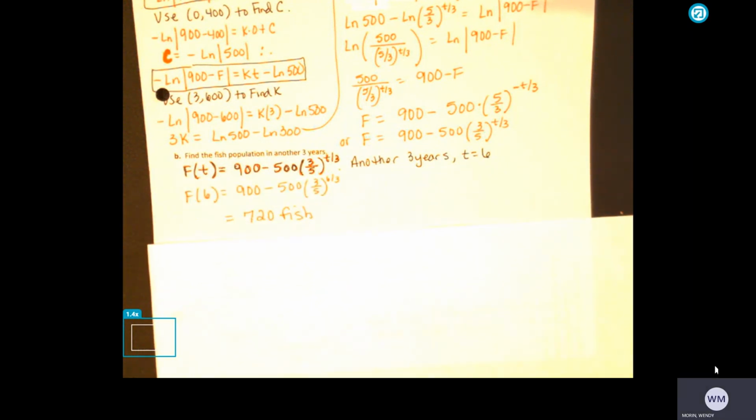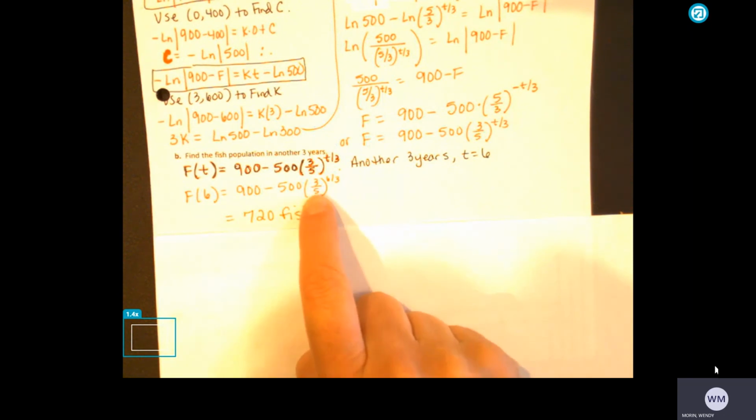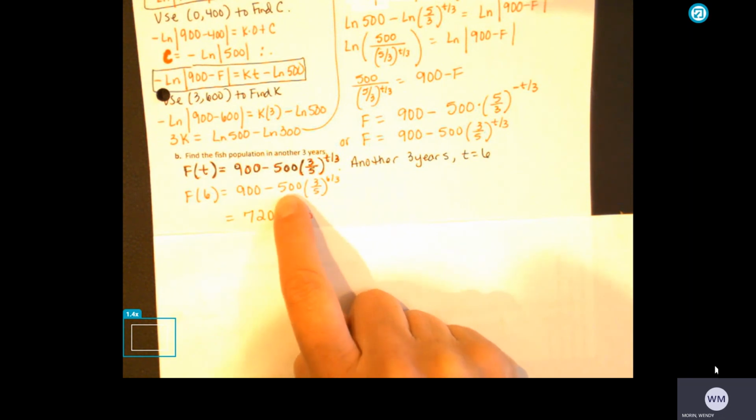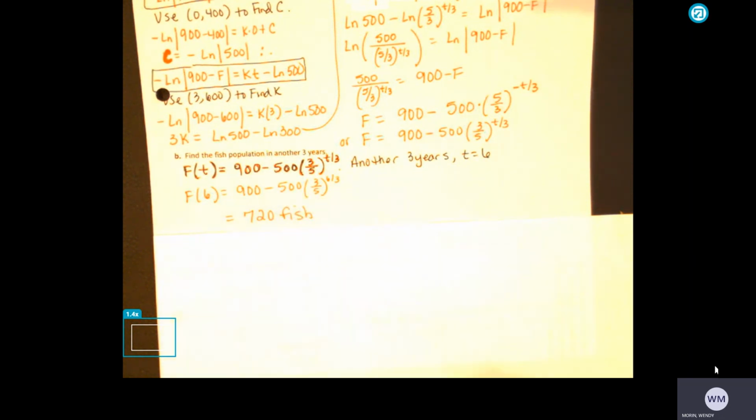So another 3 years, t is equal to 6. So would this be a calculator problem? Maybe, maybe not. You need to know how to square a fraction. And that would give you 9 over 25. 25 goes into 500 times 9. It's possible to do that without a calculator. I don't know if they'll make you or not, but I would assume yes.